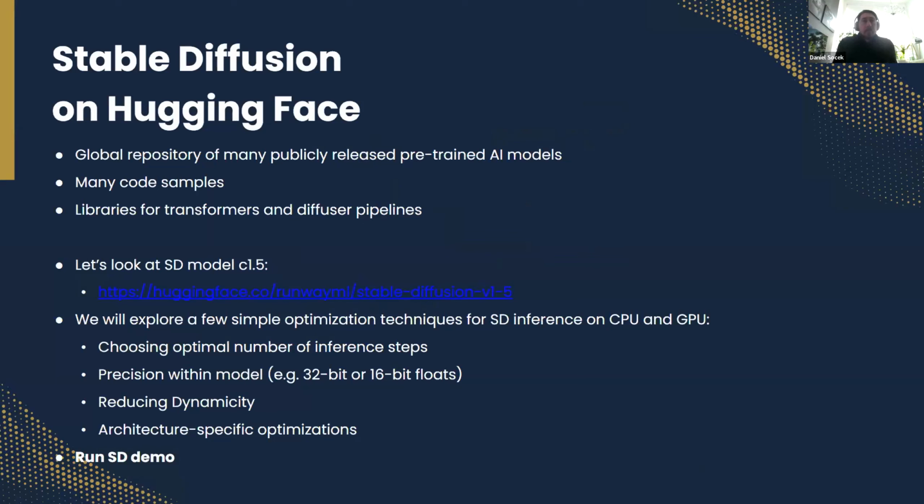As Stefan mentioned already, Hugging Face is a good starting point. We definitely have many released pre-trained AI models available on that repository, with many code samples, some APIs to quickly check things, and libraries for optimized versions of Transformers and Diffusers and pipelines.